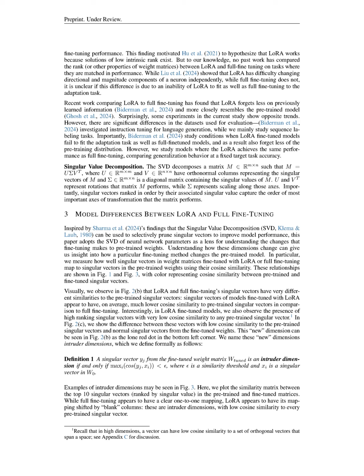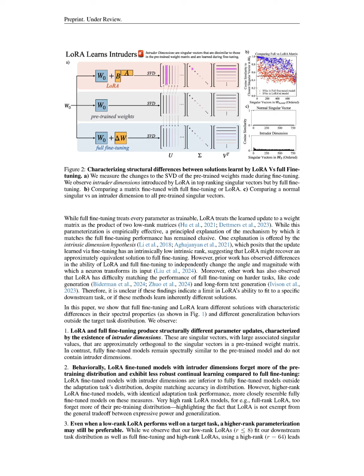Specifically, LoRA models with ranks up to 16 showed a significant presence of intruder dimensions, indicating that they introduce new singular vectors that disrupt the spectral properties of the pre-trained model. In contrast, full fine-tuning maintains a spectral similarity to the pre-trained weights, making smaller adjustments to existing singular vectors.